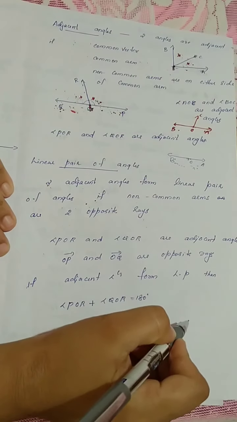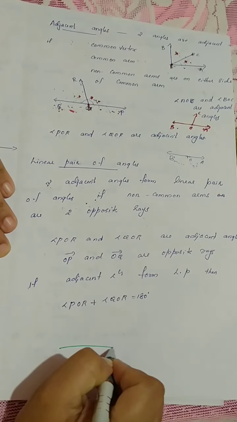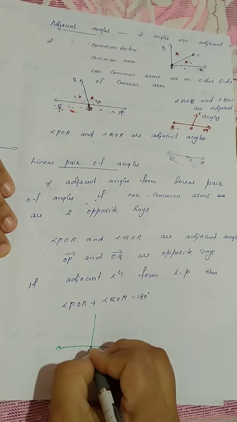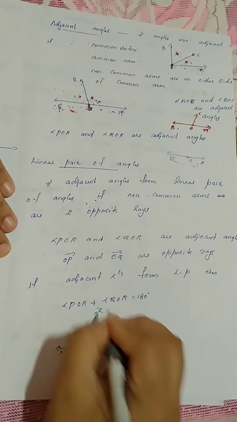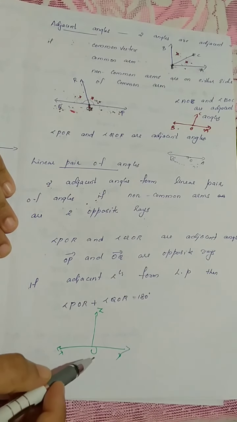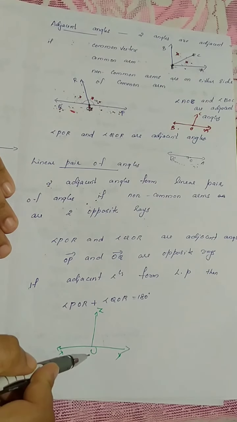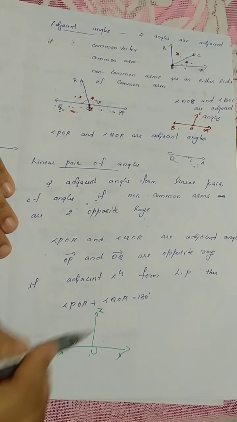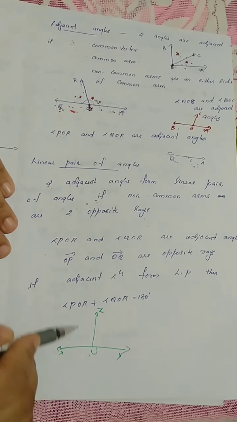Here is an example drawn by me. We know that these two angles are adjacent angles since they have a common arm and common vertex, and non-common arms are on either side of this common arm.